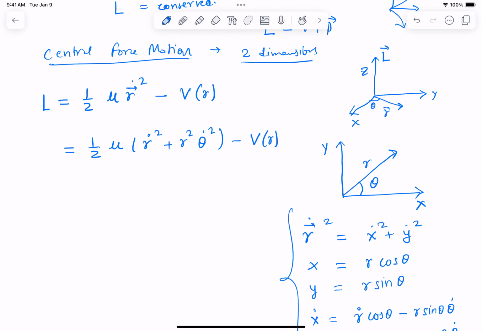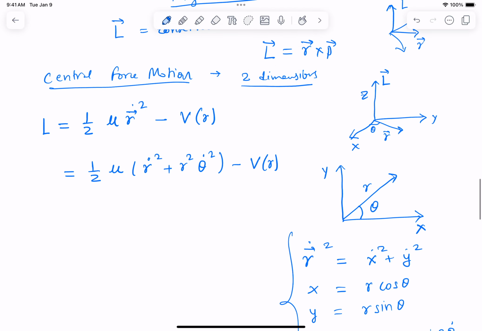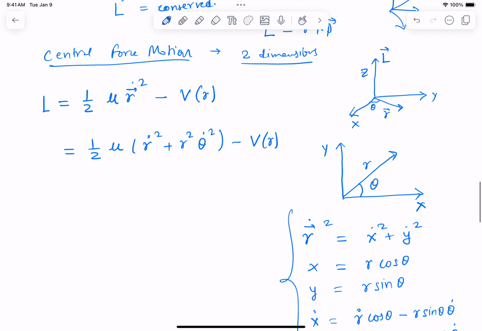So our Lagrangian now is much simpler. It depends on the magnitude r, the theta dot squared, and V of r. And the interesting point is that this Lagrangian does not depend on theta.